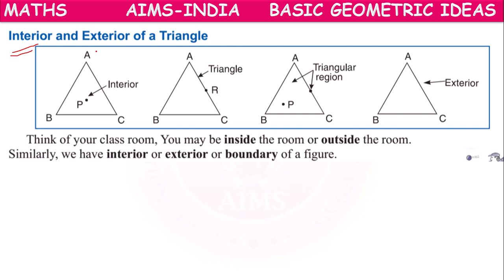So we can have interior and exterior of a triangle. The point which lies inside the triangle is considered as the interior part. Some of the points lie on the triangle, or on the boundary of the figure. Some of them may lie outside the triangle, the exterior part of the triangle.